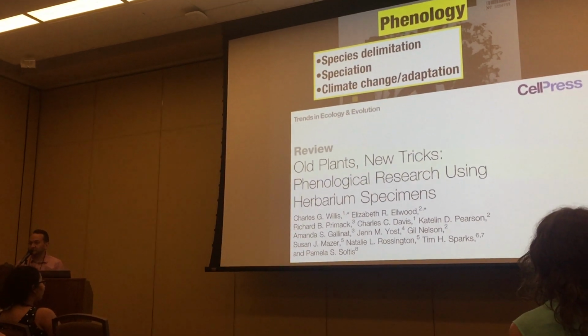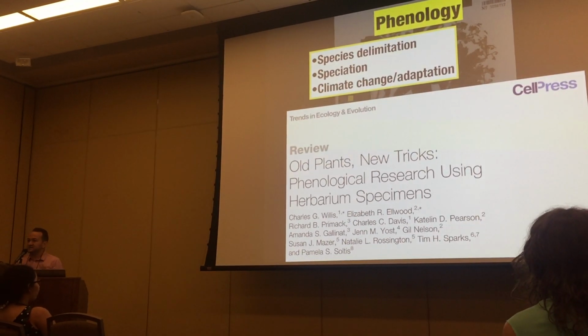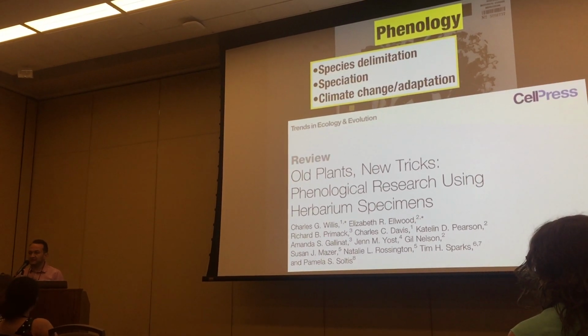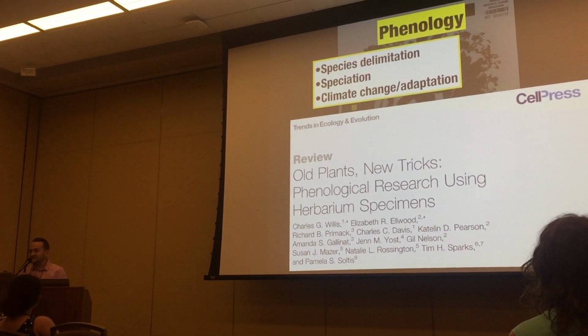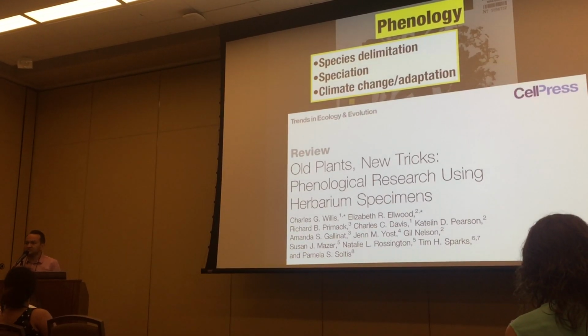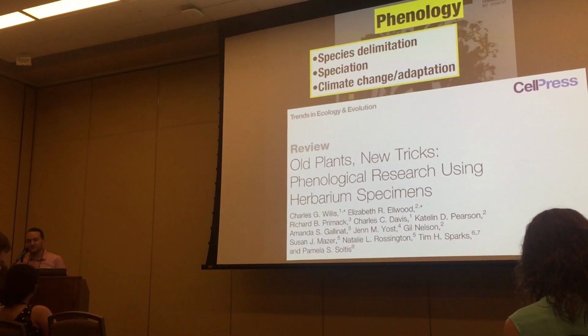Specimens also have really relevant information about our traits, such as phenology. Specimens can be in flower or in fruit, but they also have label information with specific dates of flowering time, and we can use that information again for multiple studies. We can use phenology to inform our studies on species delimitations, of course.